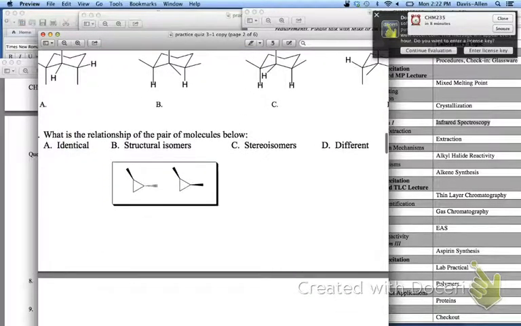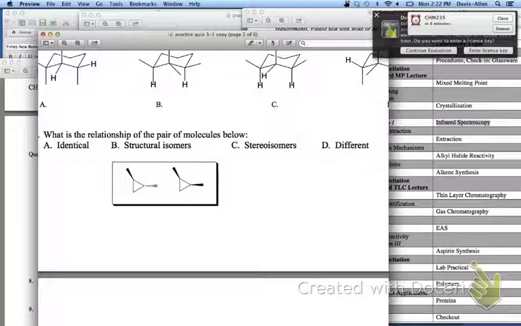As far as identifying pairs of molecules, for sure at least one of these. I'm pretty sure at least. What's the relationship between these two? How would we figure this out?